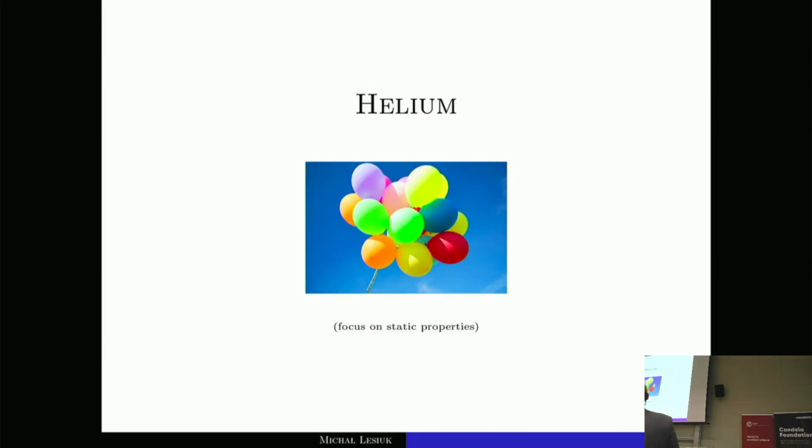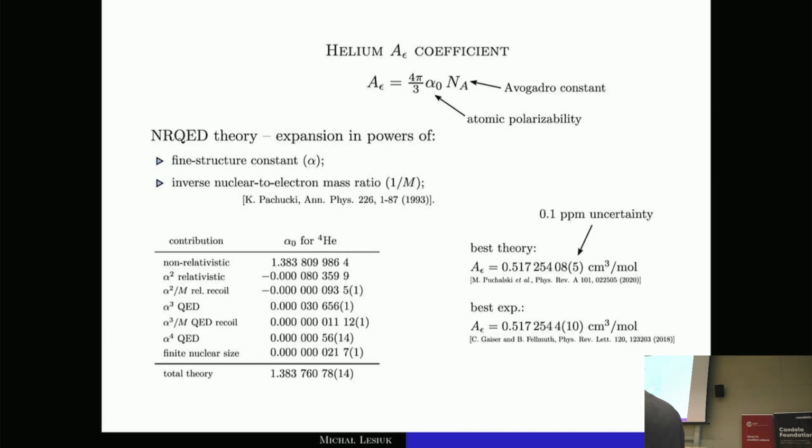So let me start with helium, which is the gas used for the primary pressure standard. First of all, we want to have this first coefficient, this I epsilon, and it's a very nice expression, a very simple one. You have just some numerical factor multiplied by atomic polarizability and multiplied by the Avogadro constant.